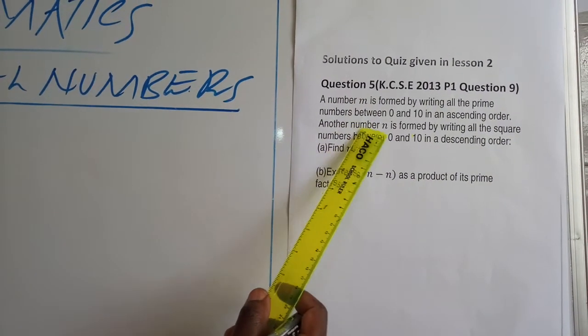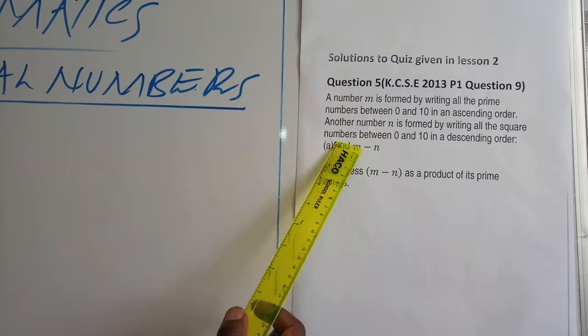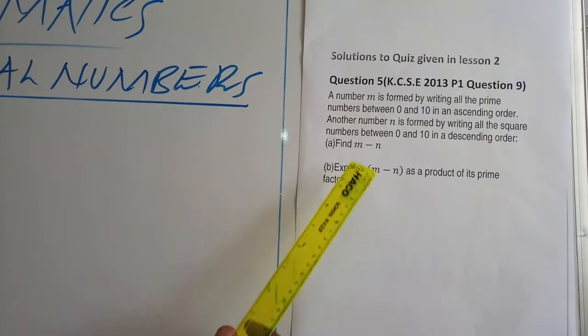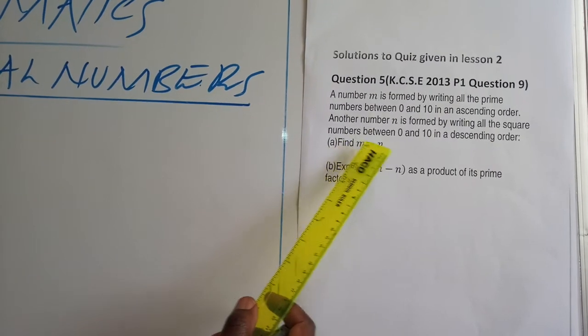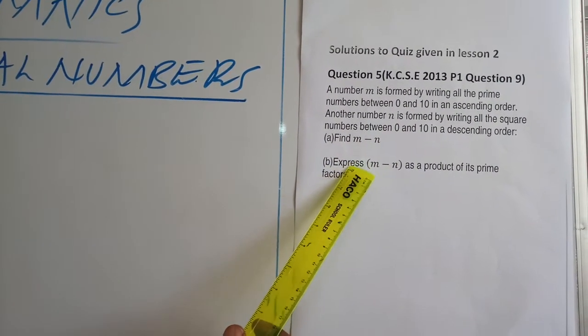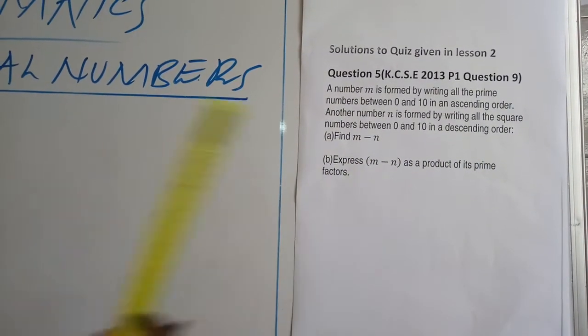Then another number n is formed by writing all square numbers between 0 and 10 in ascending order. Part A of the question is find m minus n. Part B, express m minus n as a product of its prime factors.